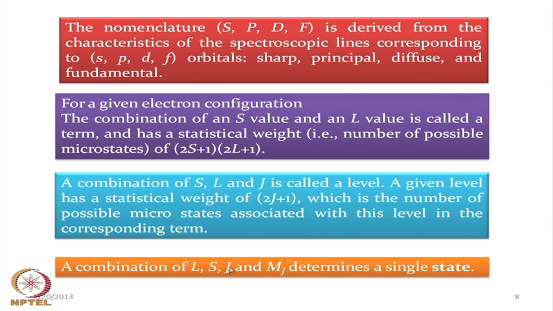So, altogether all these combinations, that means L value, S value, J value, and the J values determine a particular state. So, how do we find this particular state from this particular type of coupling?